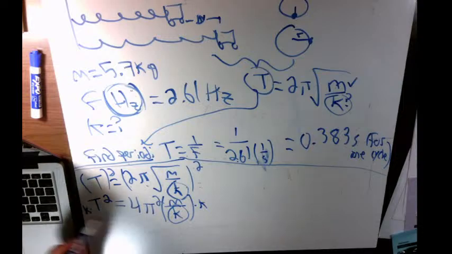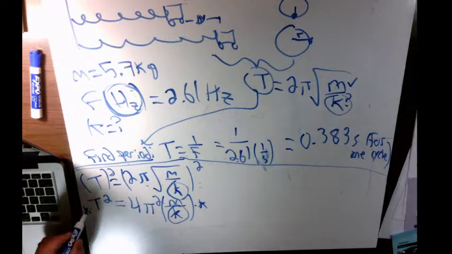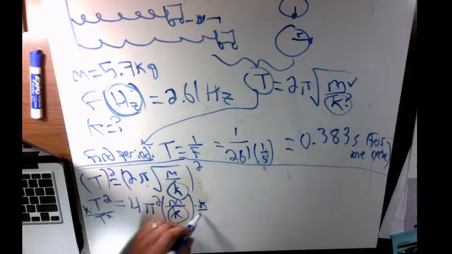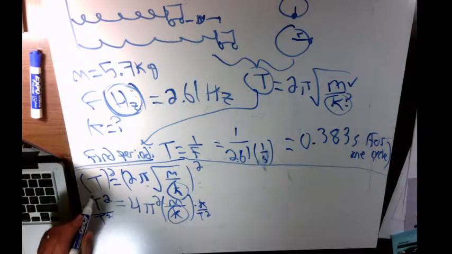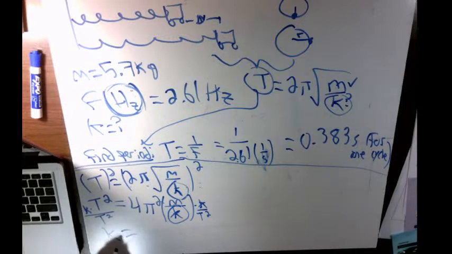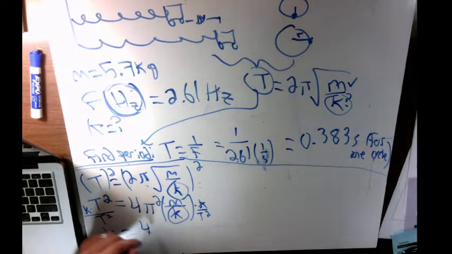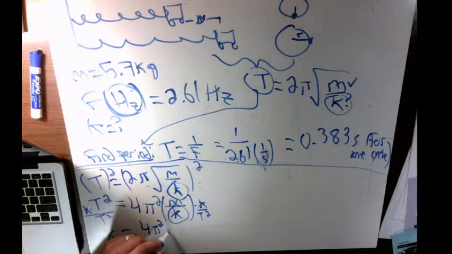So now I have these canceled out, k times period squared. I'm going to divide both sides by period squared. Those will cancel out, and I'm left with my spring constant by itself, ready to be solved, equal to 4 pi squared m, k's have canceled, over period squared.